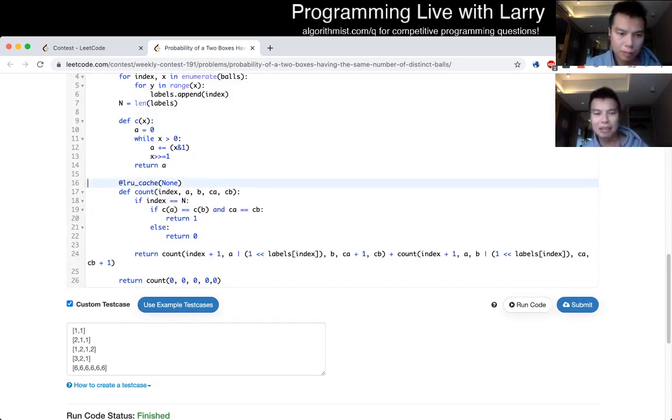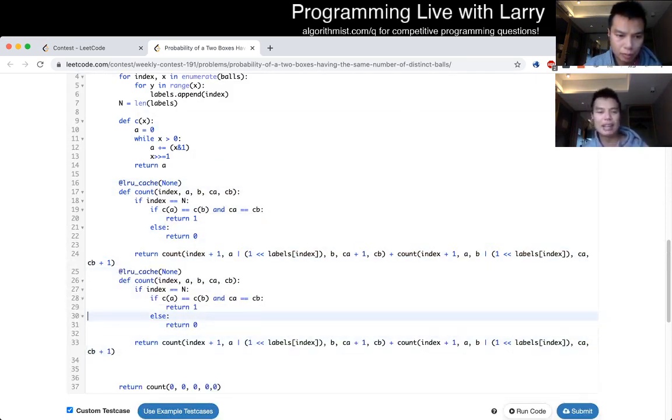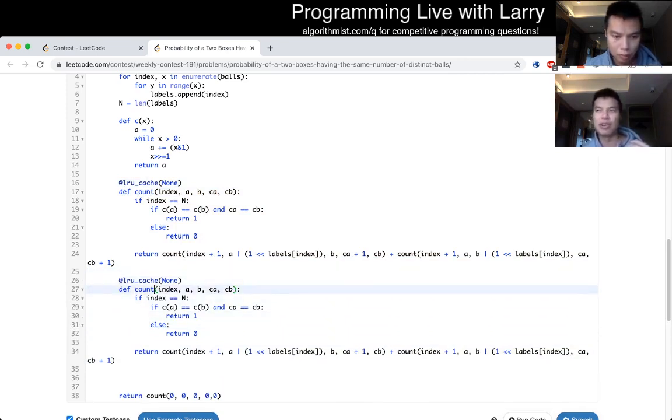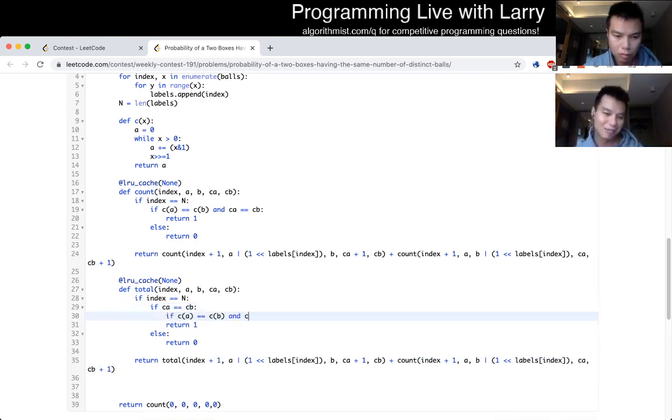And because I did it top down with LRU cache, it doesn't create an entry for all the possible states. It only creates an entry for the states that you visited, right? And because those visited states are not the exhaustive number of possibilities, that's how it gets into running time. At the time I didn't know that, I just kind of submitted YOLO.